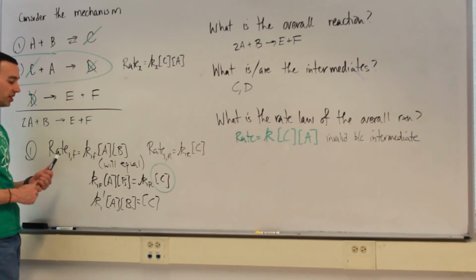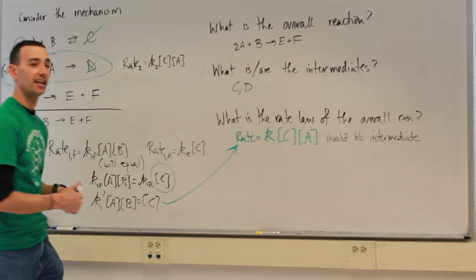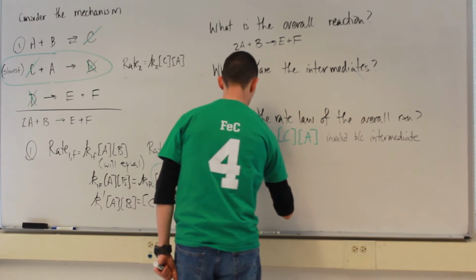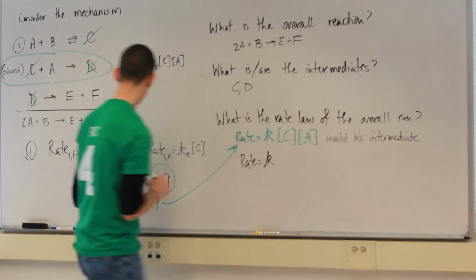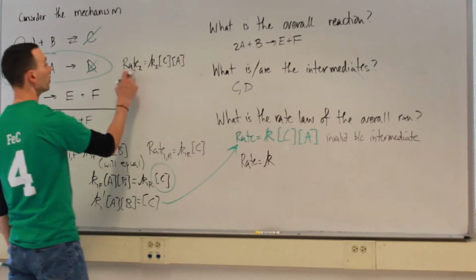What that lets us do is now substitute over here for the C. And so our overall rate law becomes rate equals, again, all the K's would get combined: the K1 forward, the K1 reverse, the K2 from this one.